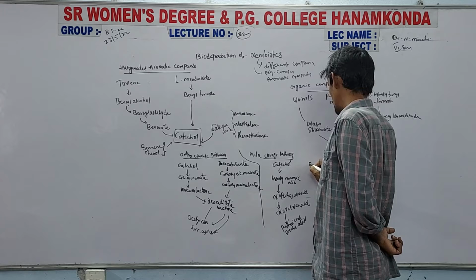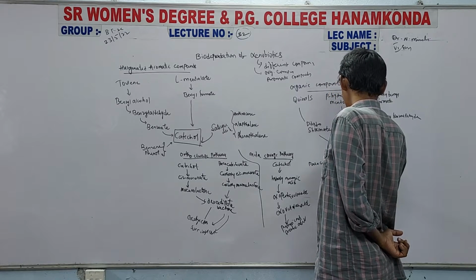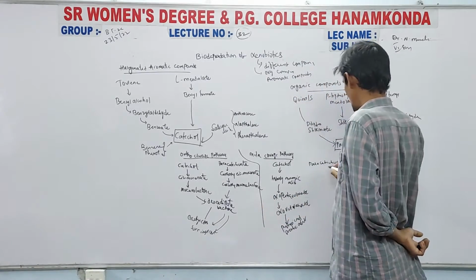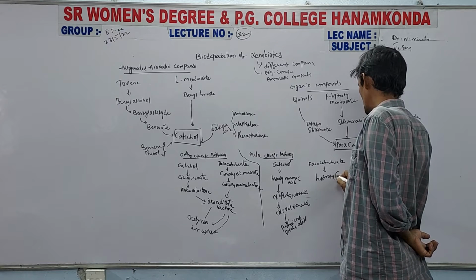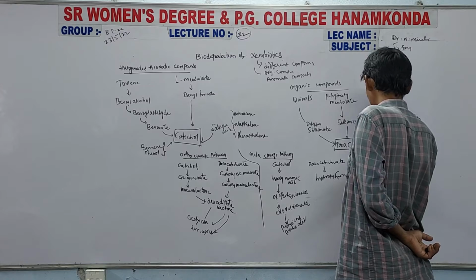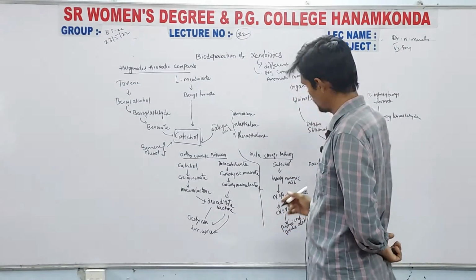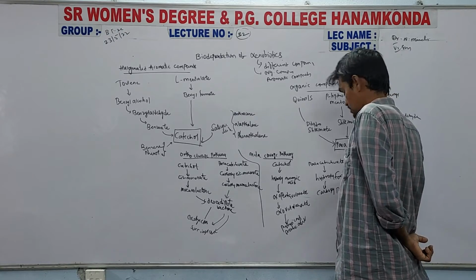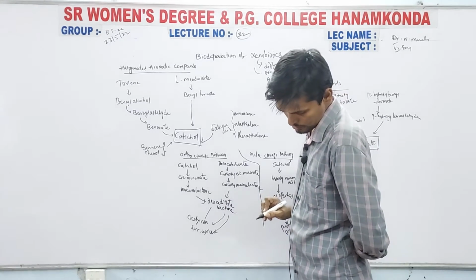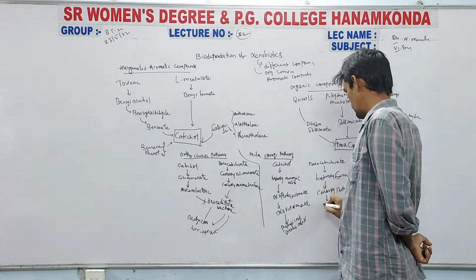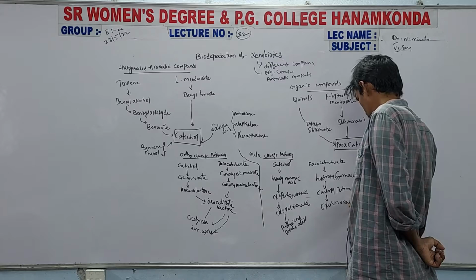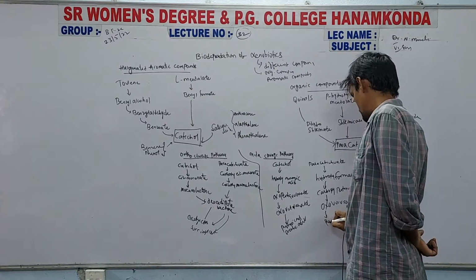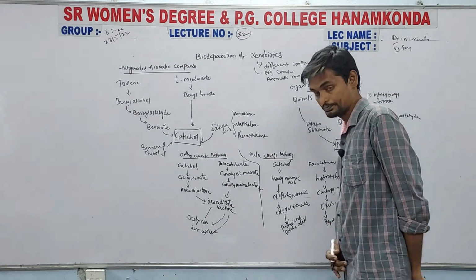Next, coming to the protocatechuate. Hydroxyformaldehyde, carboxypentonate, next oxovalerate, and finally pyruvic acid.